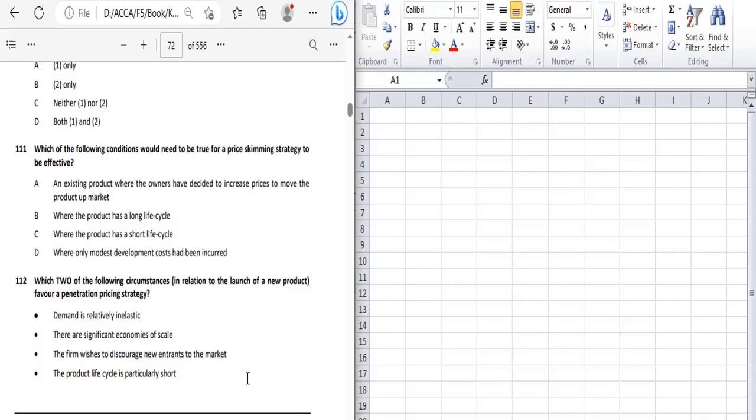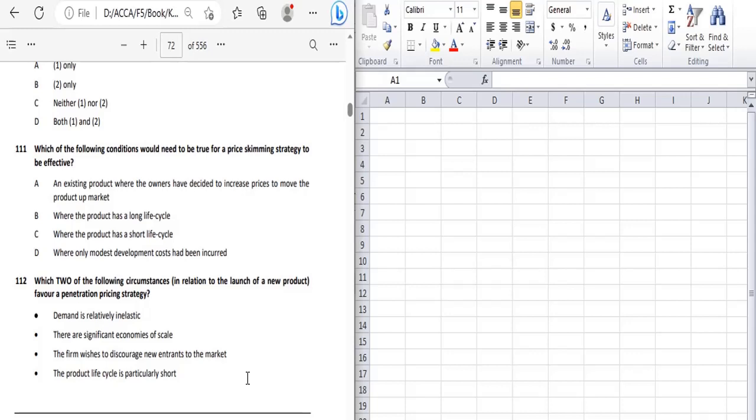Where high development cost has been incurred, the owner will try to recover those costs as soon as possible, because the product life cycle is short and you have incurred a high amount of development cost, so you will charge a high price on the product in order to get your development cost recovered soon.